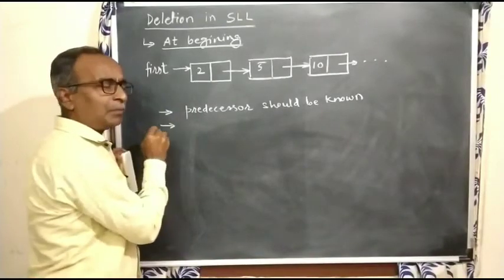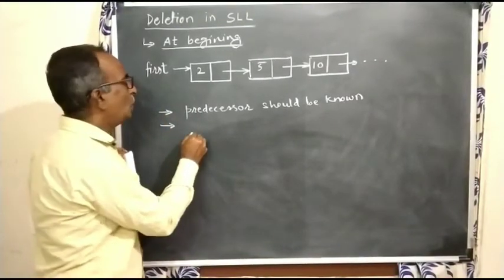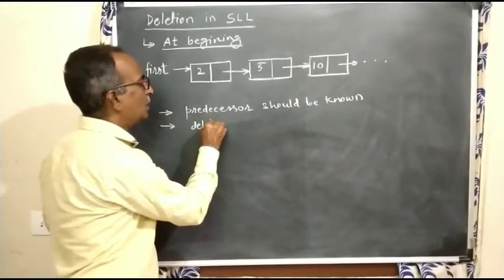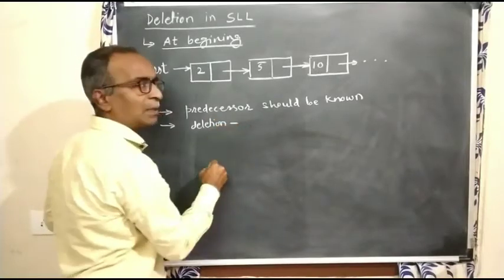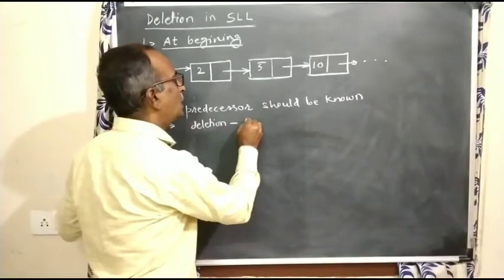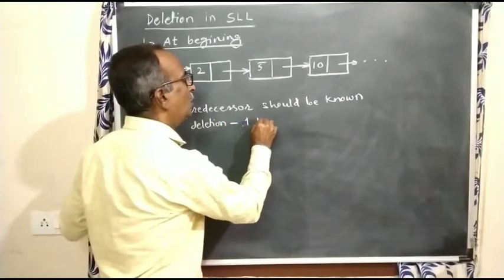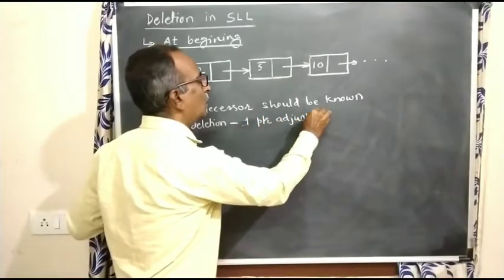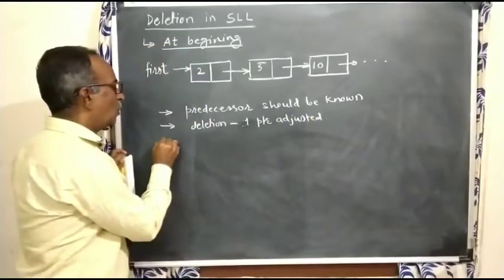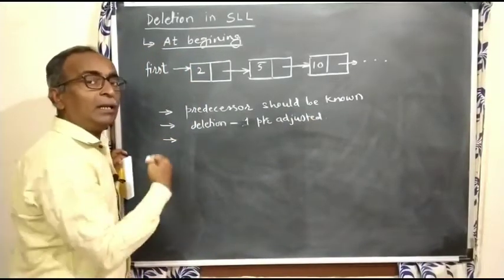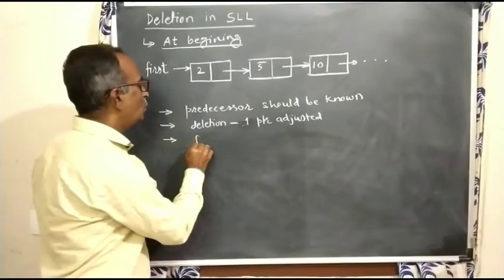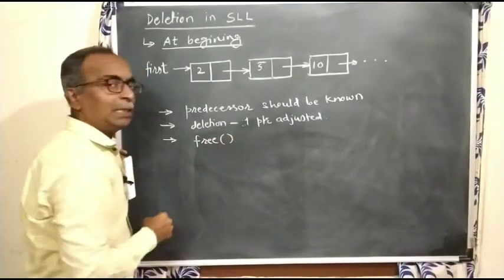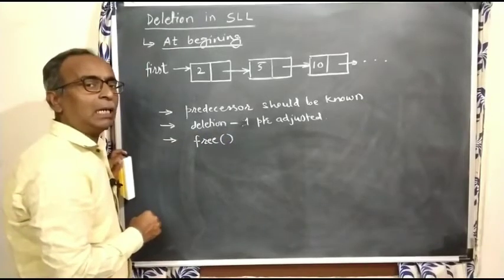Then for deletion, you have to adjust one pointer. In any deletion case, you have to adjust one pointer. And whatever node you are deleting, you have to use free function. We have seen in dynamic memory allocation, deallocation.